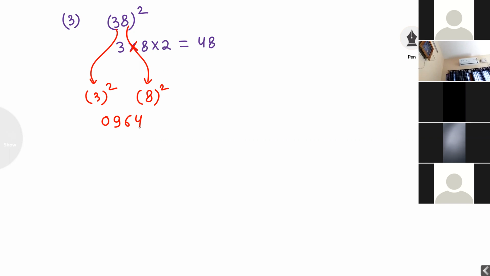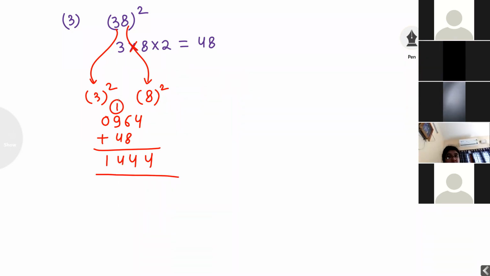And plus 48 I want to add. Always keep in mind, students, I will never write this digit to the tens ones place. Always I will give gap to the ones place. Now 4, 14. 1444.